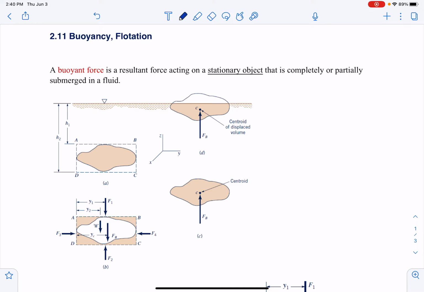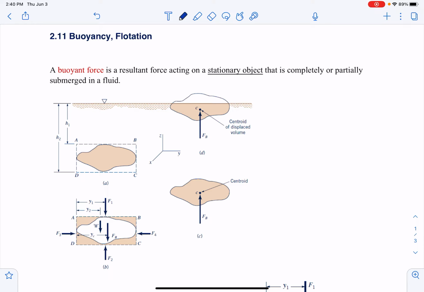For example, when we have a boat on the sea and engineers try to design a boat, they need to know whether or not the boat will sink. This is when we use the buoyant force. Basically, buoyancy is just estimating the buoyant force on a submerged object.